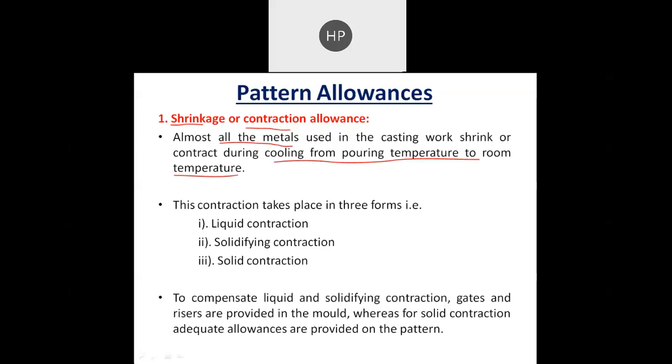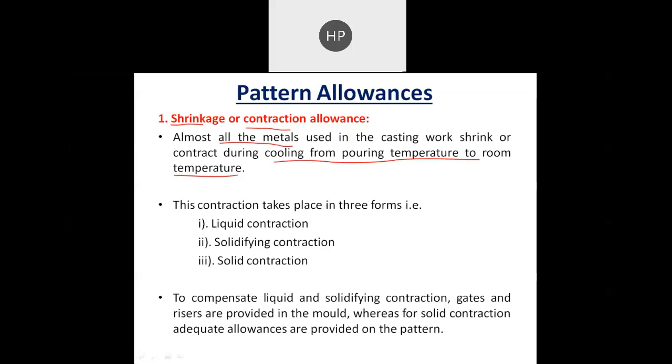And due to that, whatever the size is, that will be reduced. Suppose you want to get the original size of 50 mm, just taking an example. If you pour exactly 50 mm of liquid, after cooling it may shrink and be converted into 49.